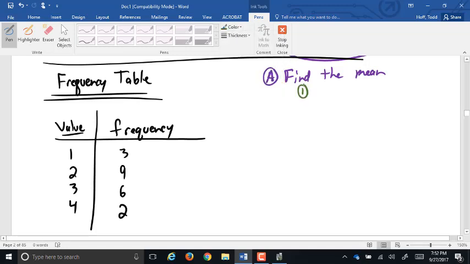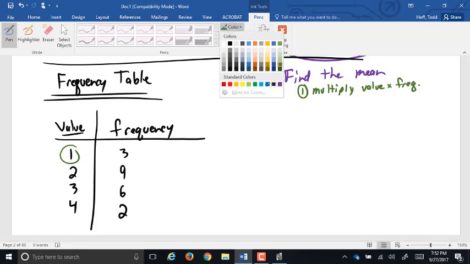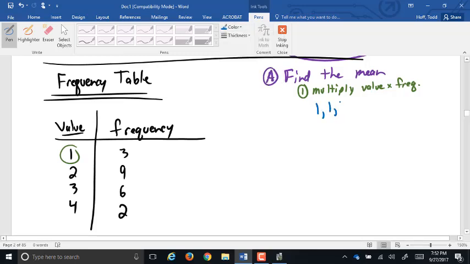Step 1 to finding the mean. Multiply the value times the frequency. Why are we doing this? Well, because what this is saying, the value is 1. How many 1s are in that set? There's 3 of them. So this data set is literally 1, 1, 1.